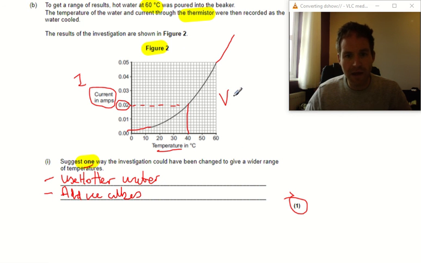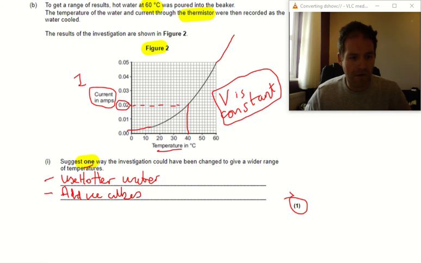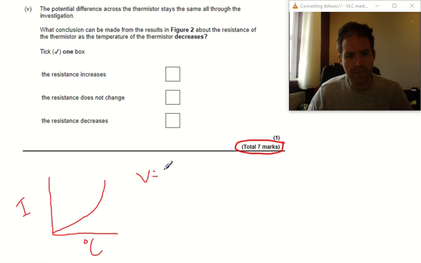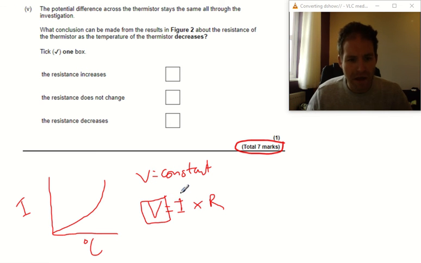Now if V is constant, and we've got the graph with temperature in degrees C here and current I here, and V is constant, and we've got the equation V equals I times R, where V stays the same, then if I increases, the resistance must decrease.